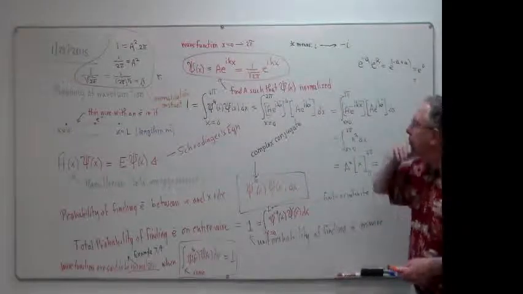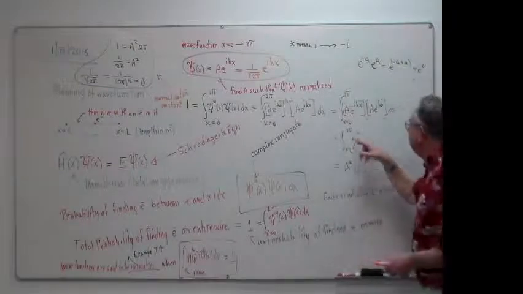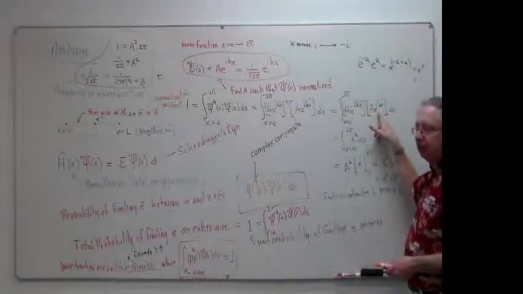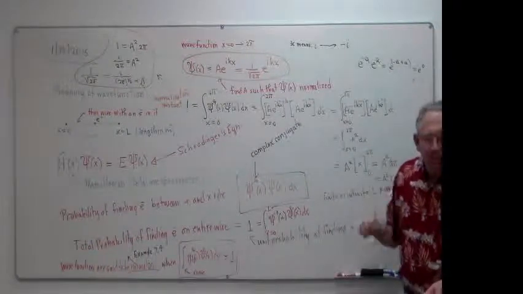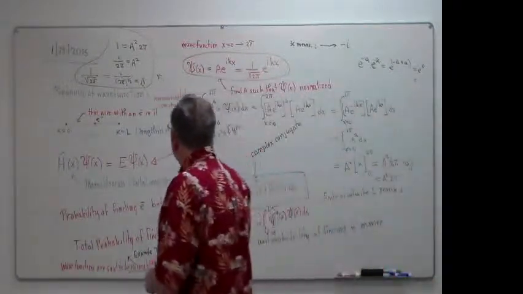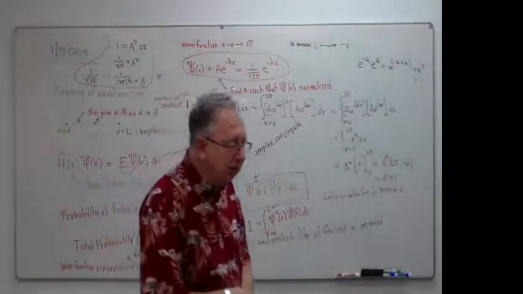So the k doesn't affect the normalization. Right, and you can see why not, because with the complex conjugate of the function, whatever the k is, it drops out. And so, for this particular wave function, the 1 over square root of 2 pi applies to any of the wave functions.